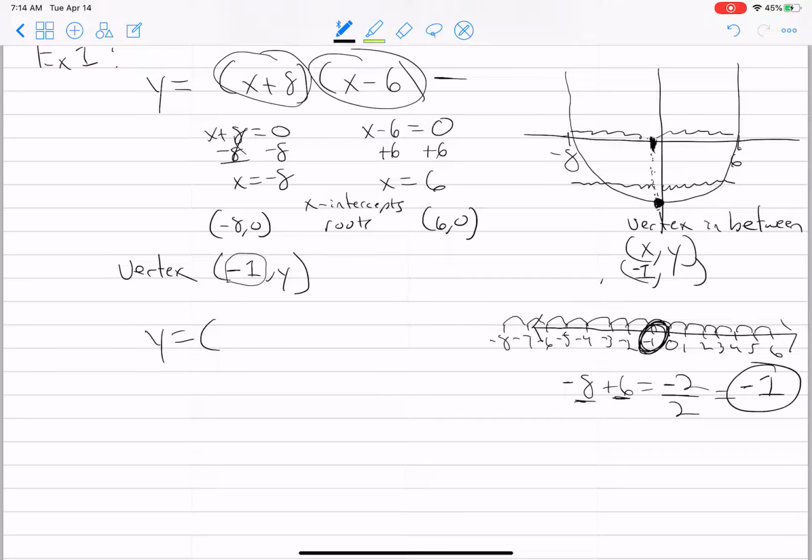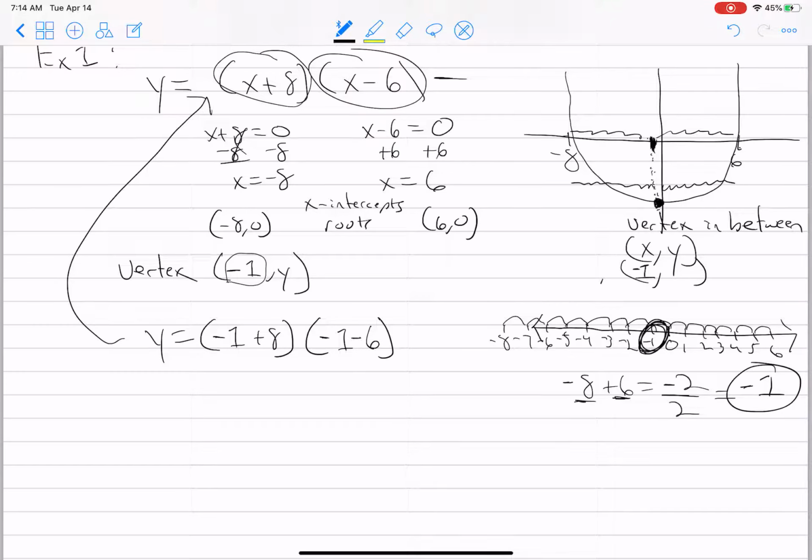So we had x plus 8, and I know x is -1, so I'm going to do -1 plus 8. Again, I'm plugging back into this original equation just to make sure you see it. It says x minus 6, and I know x is -1, so I'm going to do -1 minus 6.